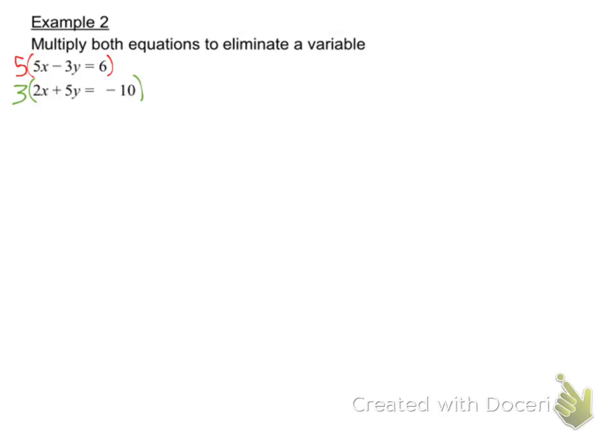Okay? So let's go back to the red one, the top one, and start to distribute it in. 5 times 5 is 25x. 5 times negative 3? Negative 15. We engineered that one to happen, right? And don't forget to go all the way across. 5 times 6 is 30. Is everybody okay with that?